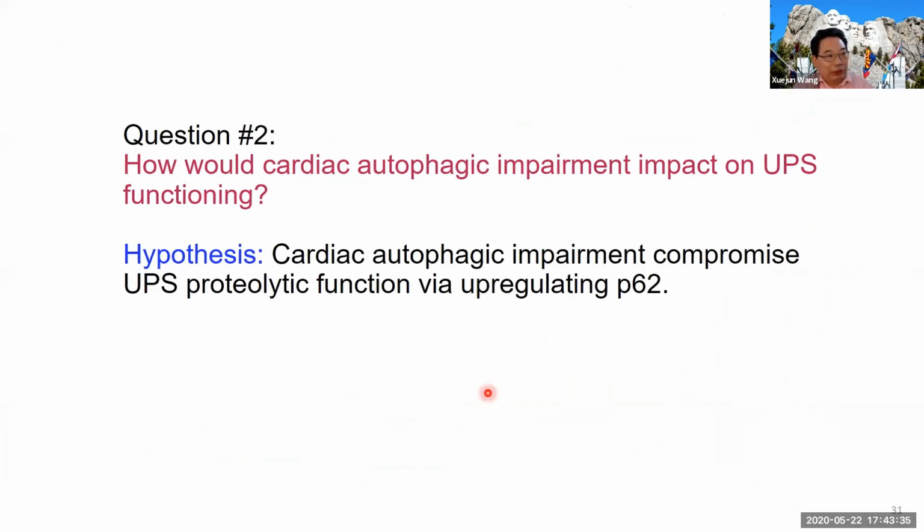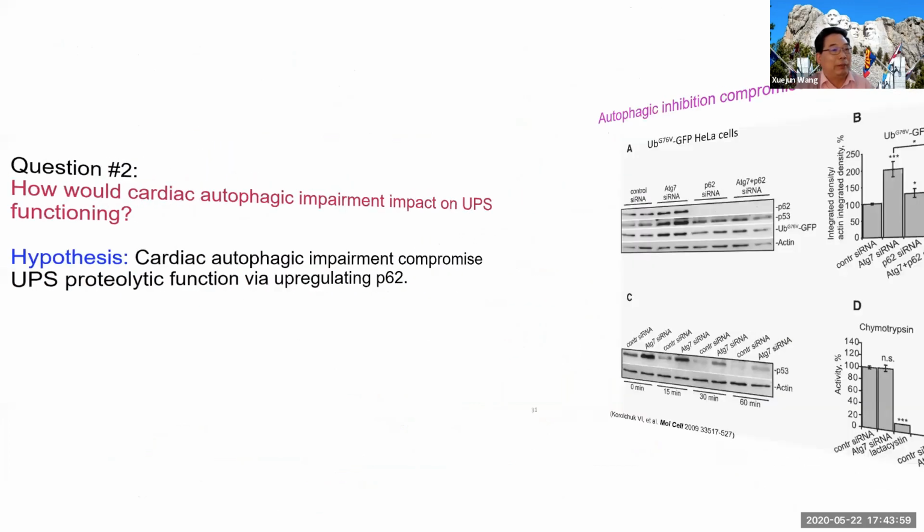So question number 2 will be much shorter, and that is how would a cardiac autophagic impairment impact UPS functioning. Here, the hypothesis was from others. I'm going to show you this piece of data here.